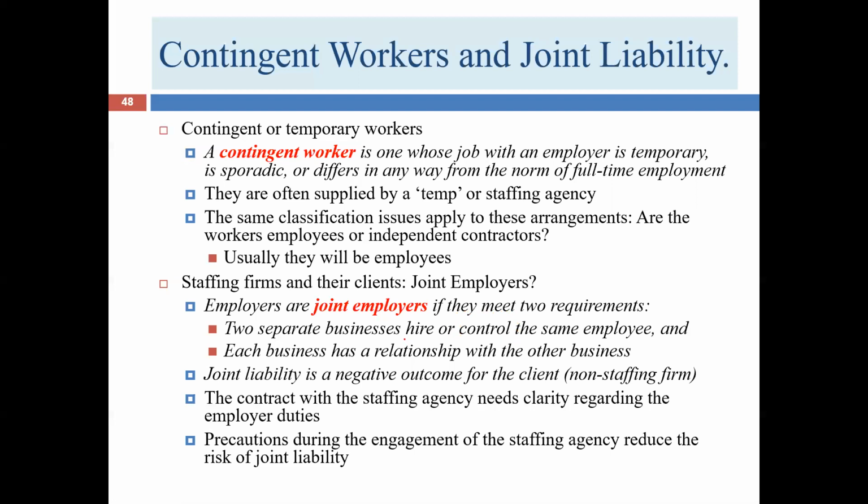And certainly Kelly Girls is hiring Susan. And so one is hiring, one is controlling. So we look like we've satisfied the first requirement for joint employer status. The second one, though, is also satisfied, and that is that Kelly Girls and ABC Construction absolutely do have a relationship. Basically, ABC Construction has hired Kelly Girls and is paying Kelly Girls for the providing of Susan, the receptionist. So under this situation, joint employer status is clearly satisfied.